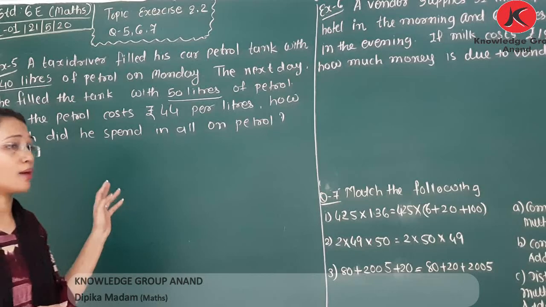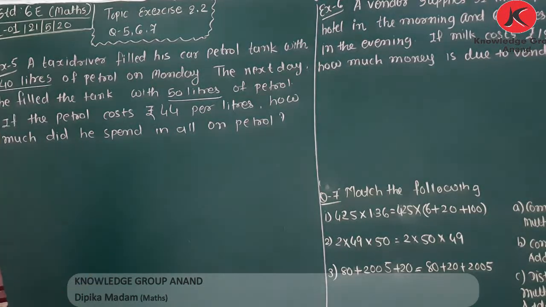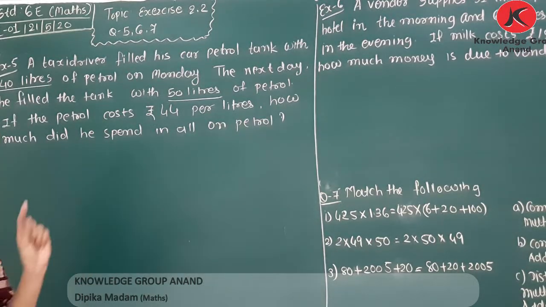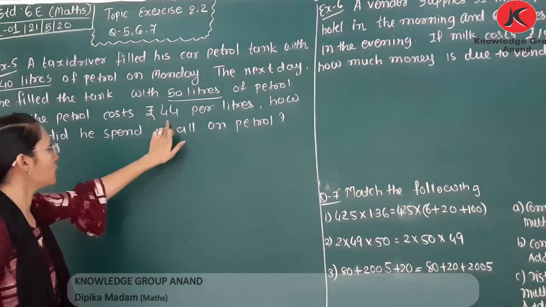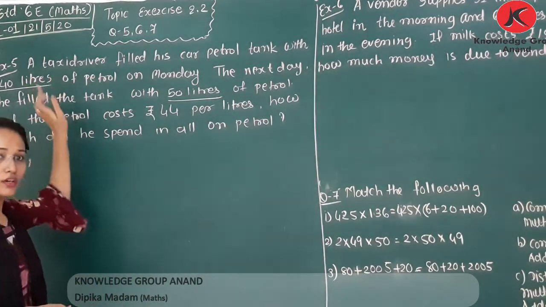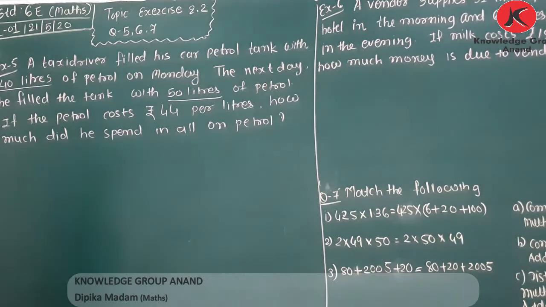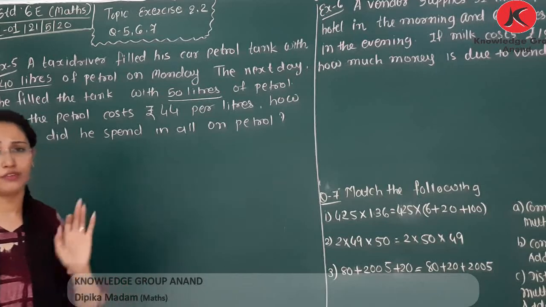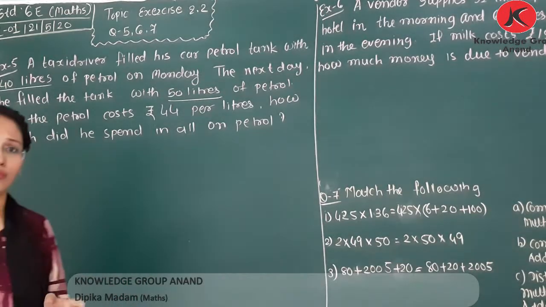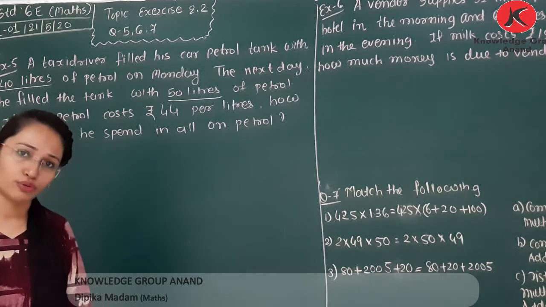Here this example can be solved with two methods. First, we will find the cost on Monday by multiplying 44 with 40. Then we find the cost for Tuesday, 44 multiplied with 50. After that we will add both of them to get the total cost for 2 days.